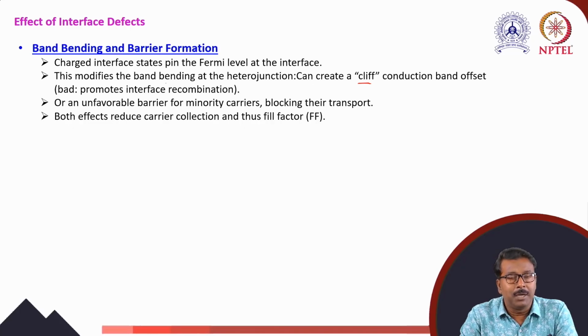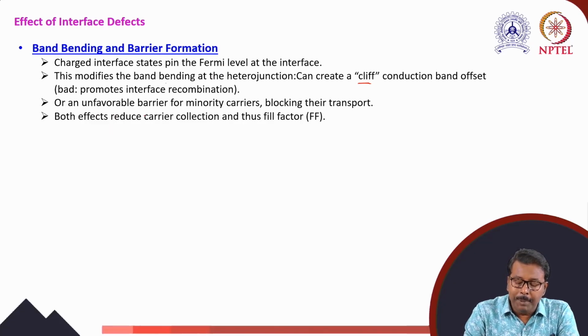We have discussed this phenomenon earlier. If there is a thermionic emission process, this is again a slow process, and during this slow time carriers may be recombined. So this barrier may boost the recombination process. So in this way also interface defects affect the performance.